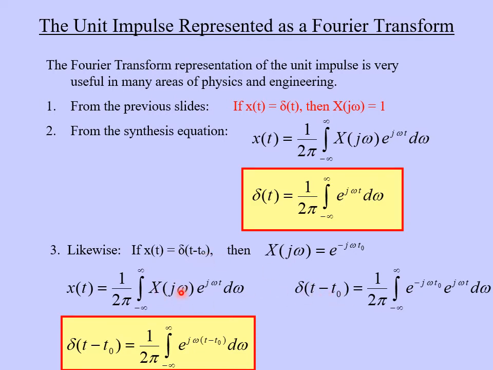And then on the right, for X of j omega, we use this result here and stick that in there. Notice both of these exponents have an omega in it, and they both have a j. So we can pull out that j omega, and we have in parentheses t minus t naught. So this is the Fourier transform representation of a delayed delta function.